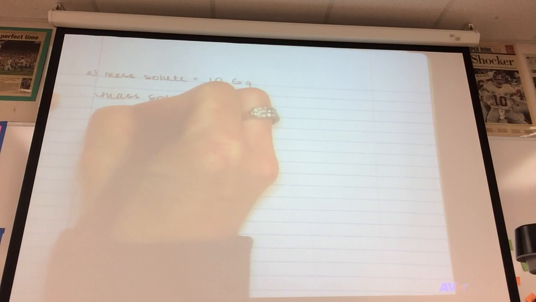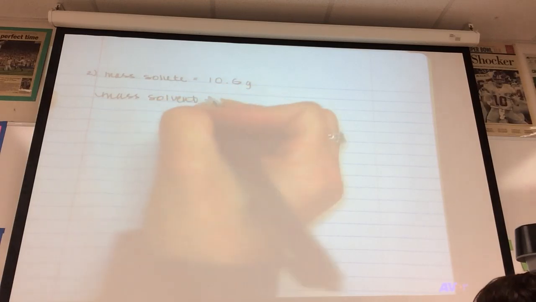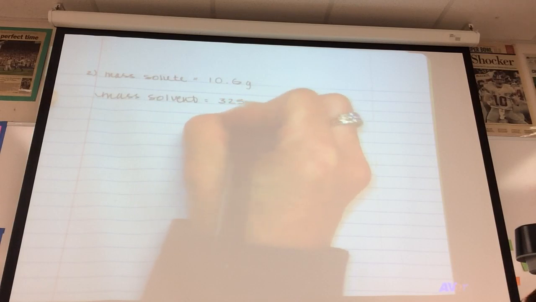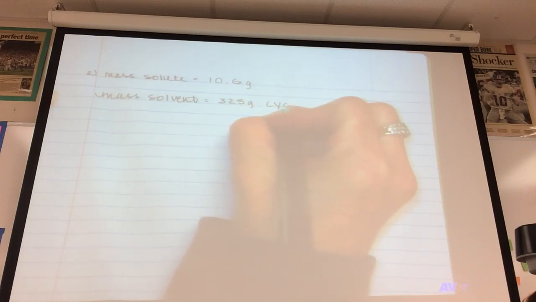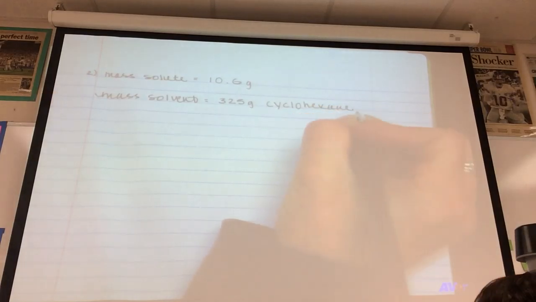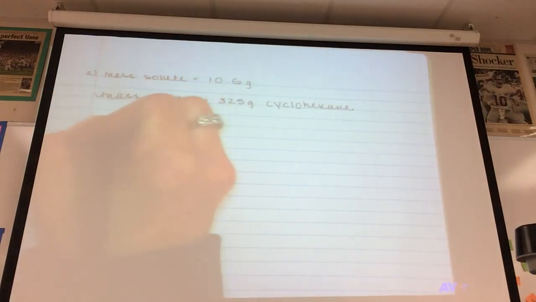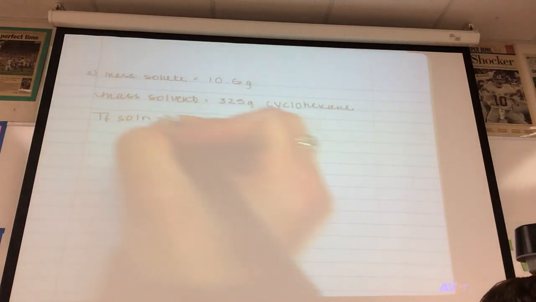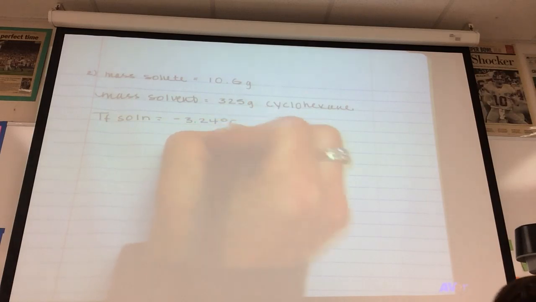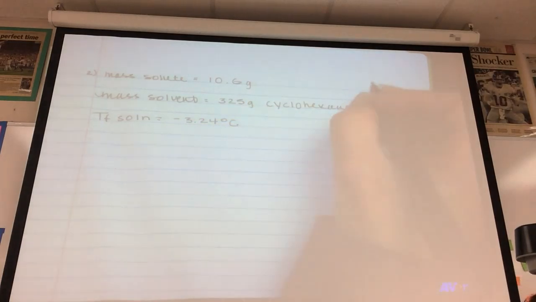The mass of the solvent is 325 grams of cyclohexane. The freezing point of the solution is negative 3.24 degrees Celsius, and we want to know the molar mass in grams per mole.